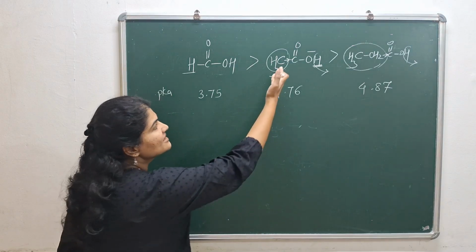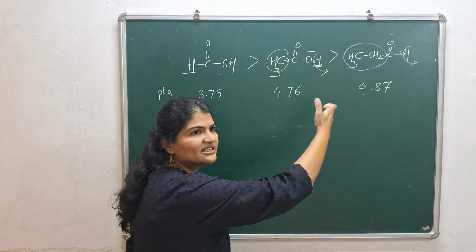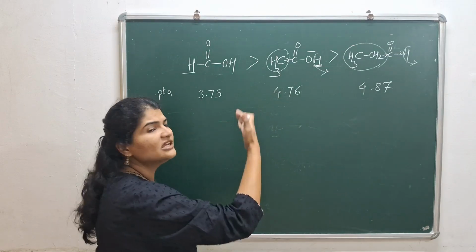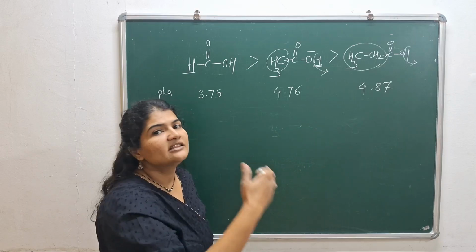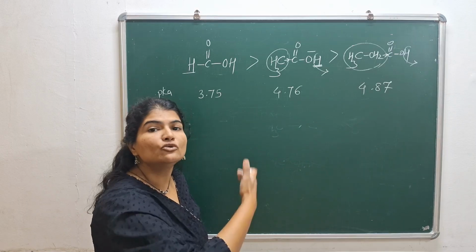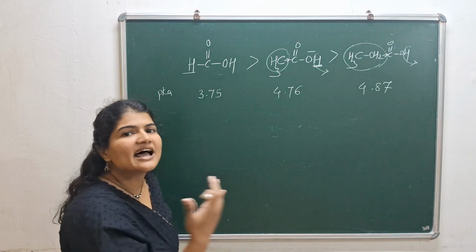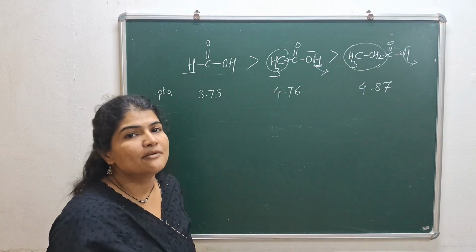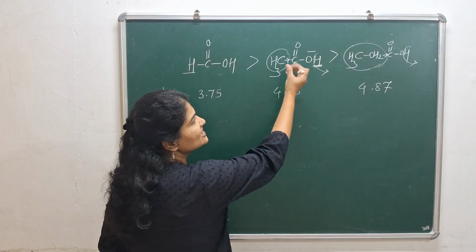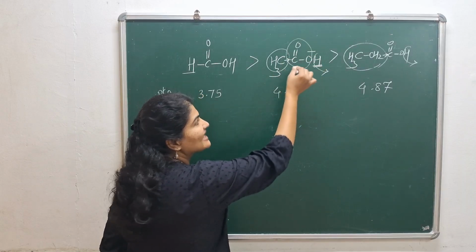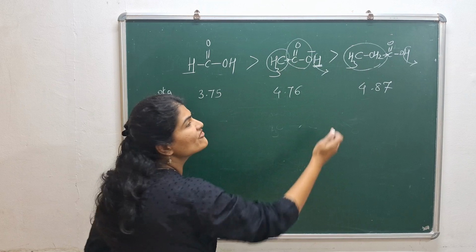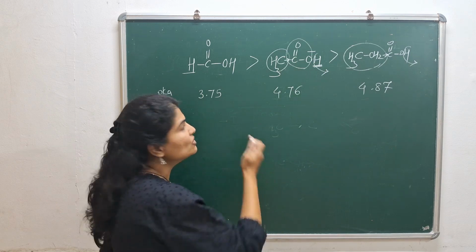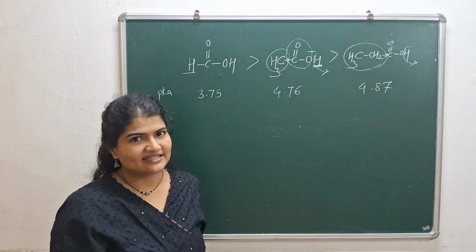As in this case, when the size of the alkyl group increases, even when we go from primary to secondary to tertiary, the positive inductive effect is going to increase. In that case, the acidity is going to decrease because they increase the electron density on the carboxylate ion, making the release of proton difficult, and so the acidity goes on decreasing.